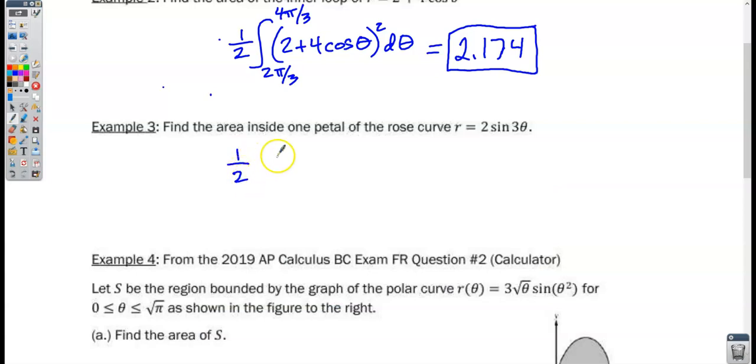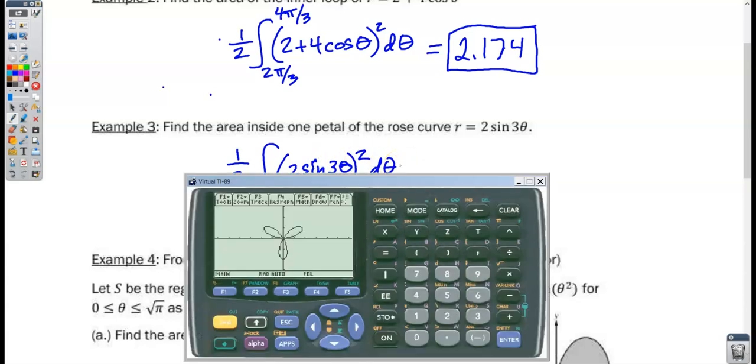So we're going to have 1/2 times the integral of r squared. And I'm going to trace this to find my endpoint.